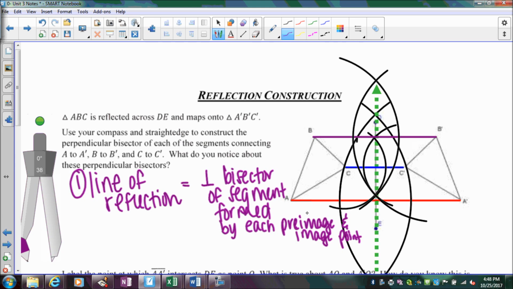The line of reflection is the perpendicular bisector of each of those segments. The other thing we're noticing is that the line of reflection is the same every time. The perpendicular bisector you're getting out is the same.